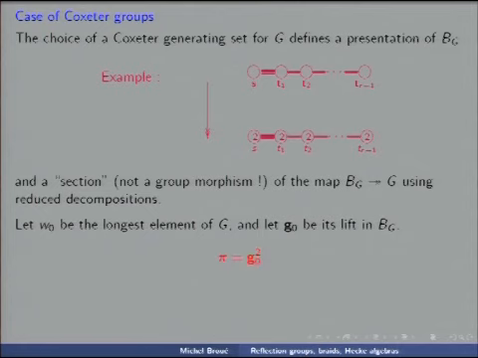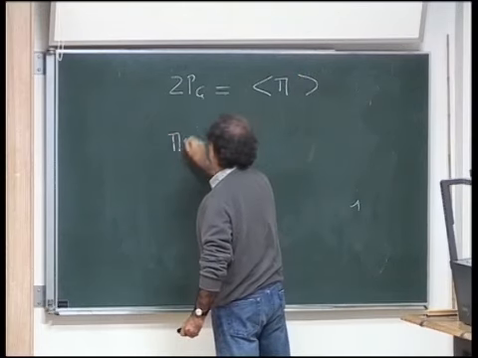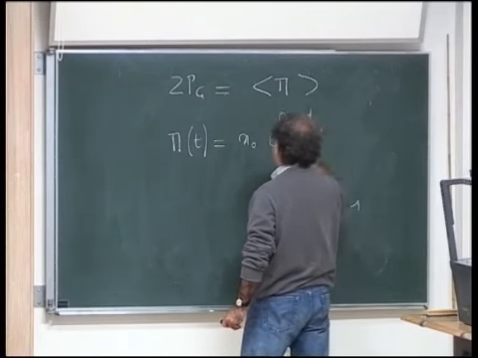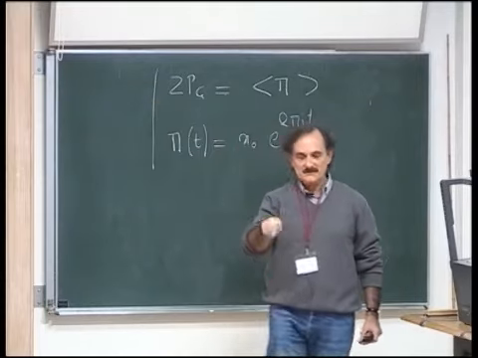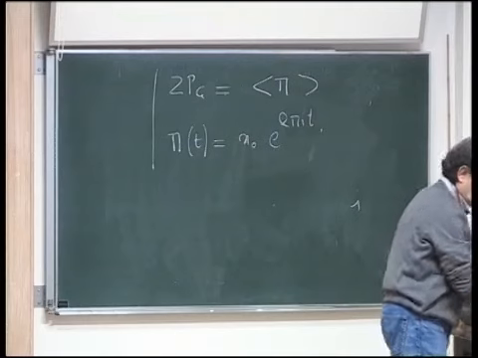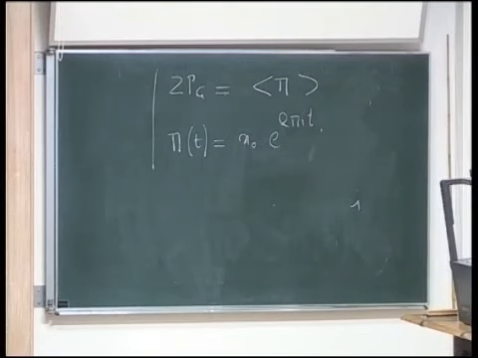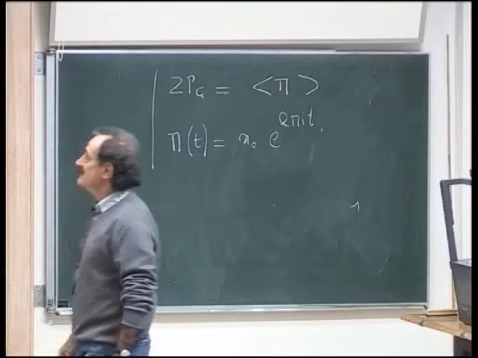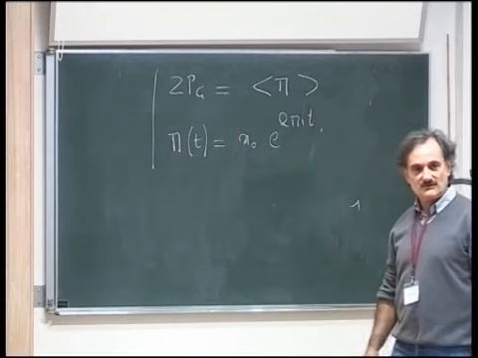Then the theorem is that this pi I quoted, which is the generator of the center of the pure braid group, let me remind you here, the center of the pure braid group is generated by this pi, and this pi is just the path defined as pi of t equals x0 e^{2 pi i t}, turning around x0. So this is the connection with what is known in the case of the Coxeter group. This is g0 to the square.